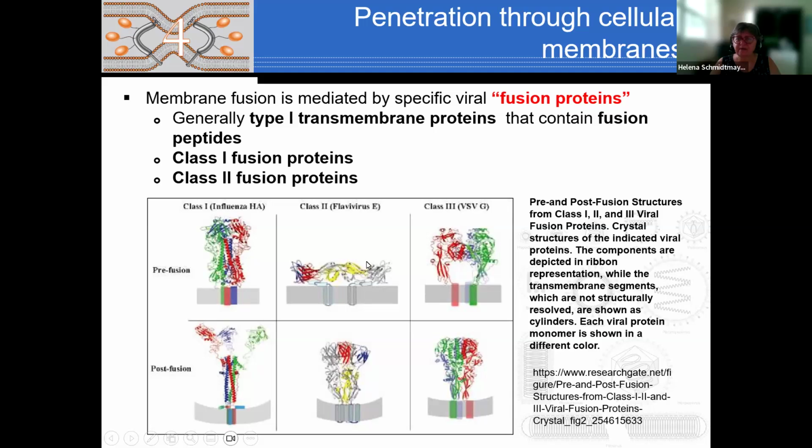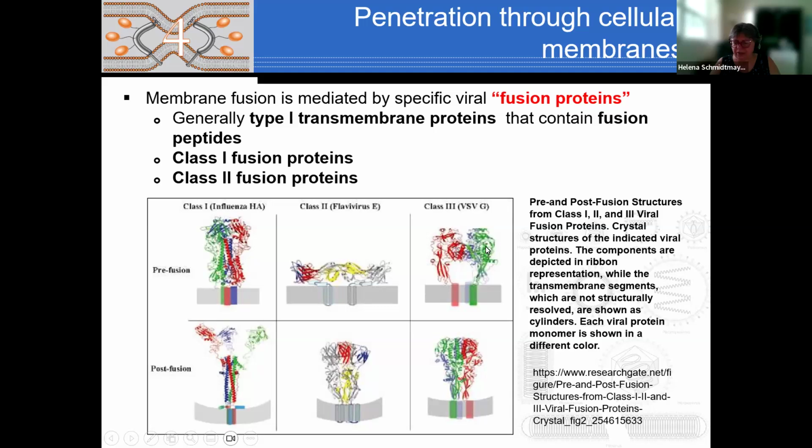And recently, class 3 was also described in vesicular stomatitis virus G protein, and this is a combined structure, which is defined by 5 different domains within those proteins. And basically, this triggers trimeric association.